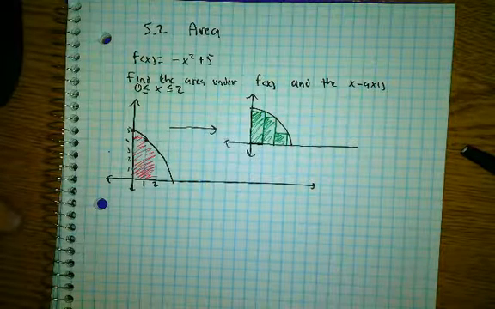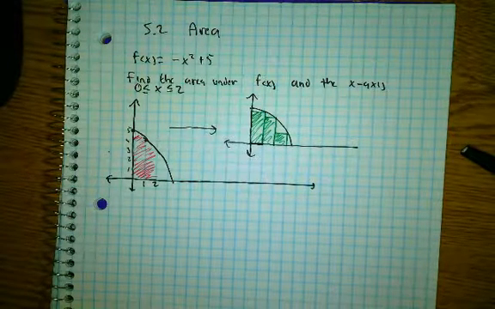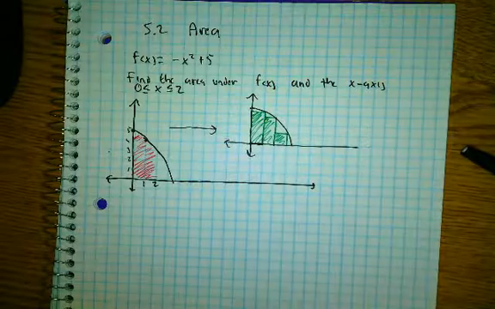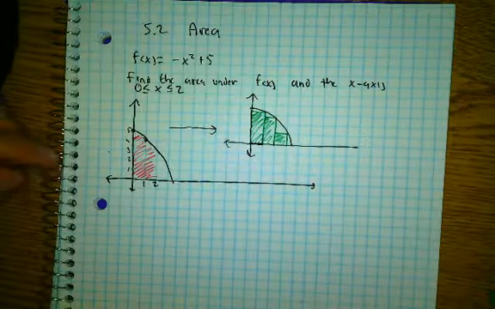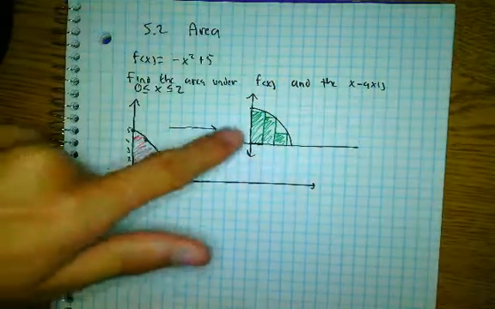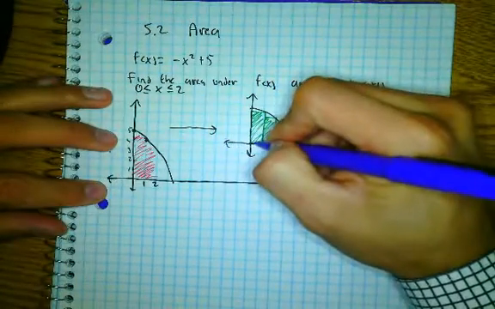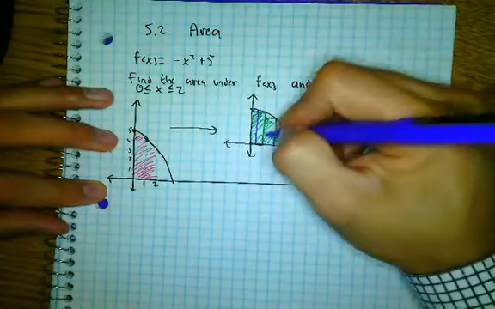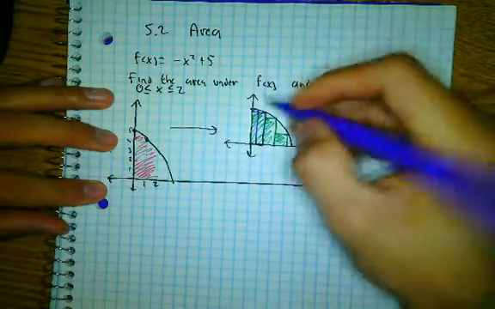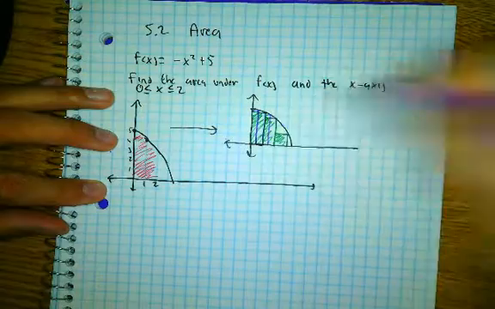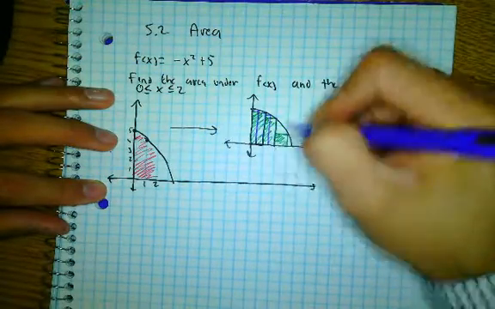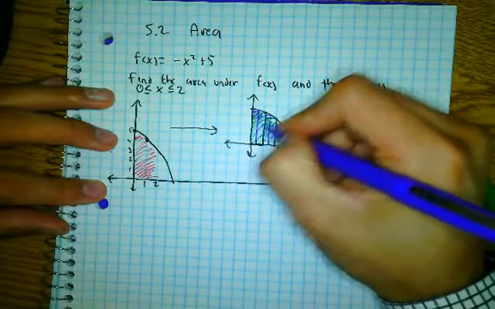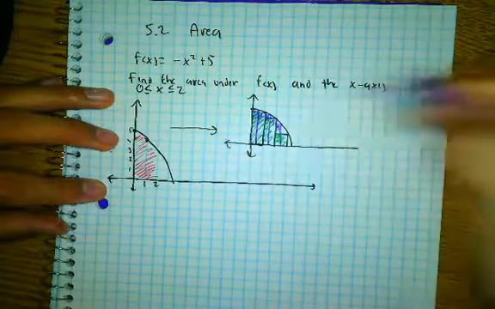Well, how could I get a better approximation? Any thoughts? What's that? I agree. What if I take the exact same diagram there, but I make the rectangles half of what they was, so that goes from there to there, from here to here, that one matches, from here to here, from here to here, from here to there, and now all of a sudden I'm covering a little bit more than I was before.